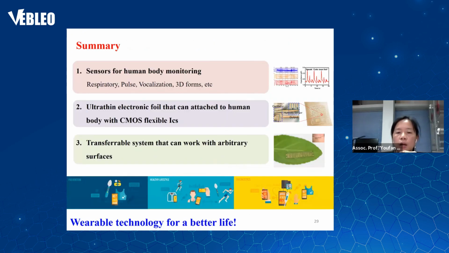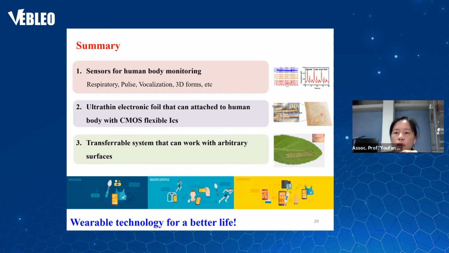So here goes the summary of my talk, and here I showed some of our recent progress on the smart sensor system. We get sensors for human body monitoring, and in this case, the sensor should be ultra flexible, should be very soft to capture the information from the body surface.